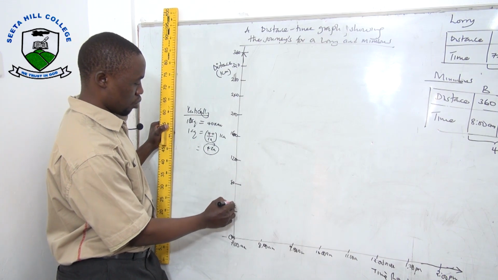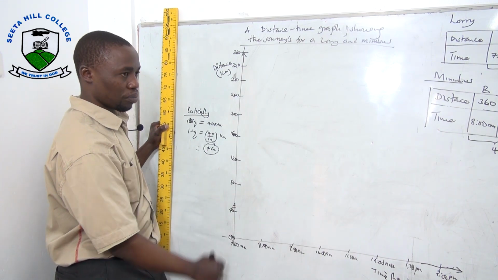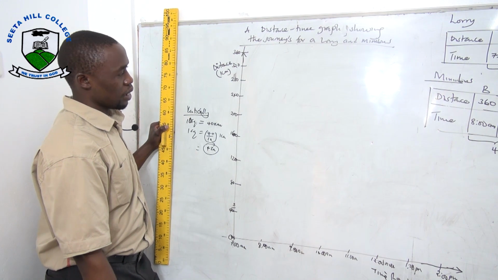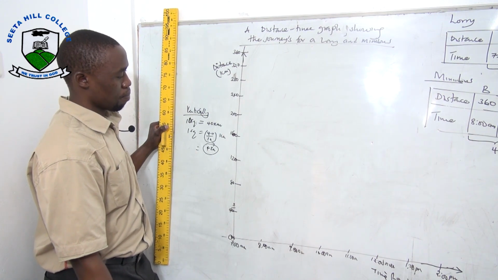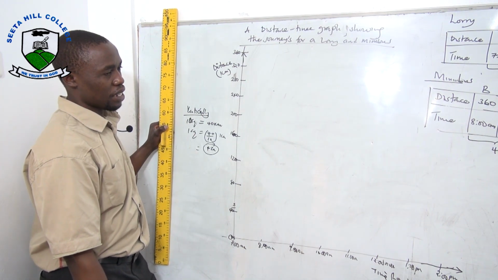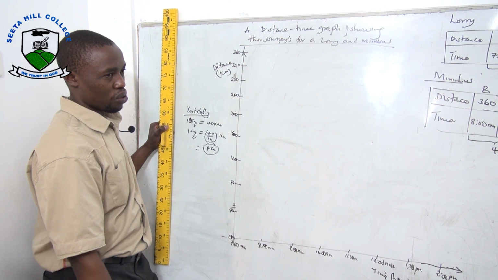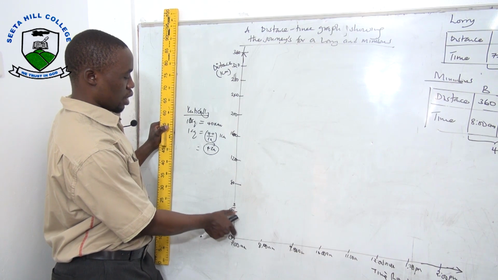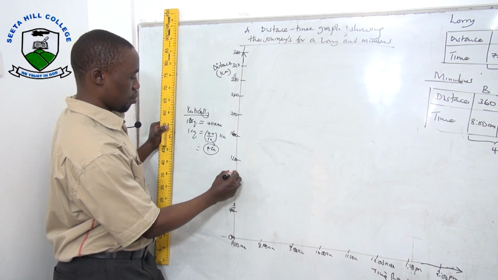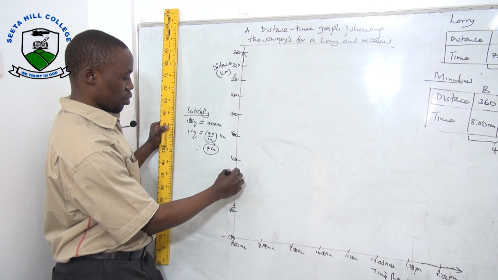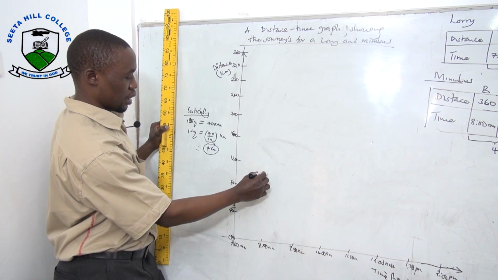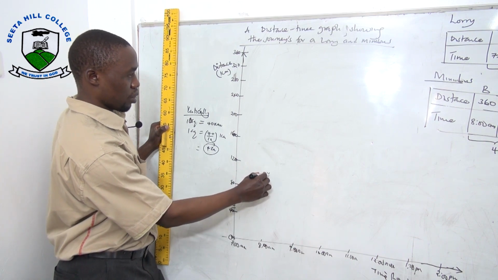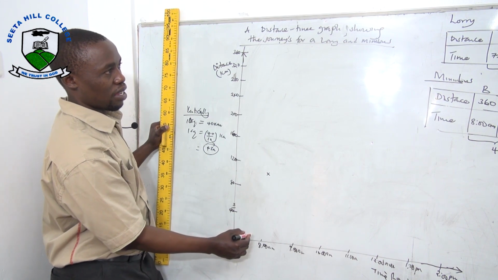Okay. That means we are roughly here. The next one is 100. Is 100 there? 100 divided by 4 is 25. This is 10, 20, 25 is in between. Not so? Which time is that? 8? Not so? 9.